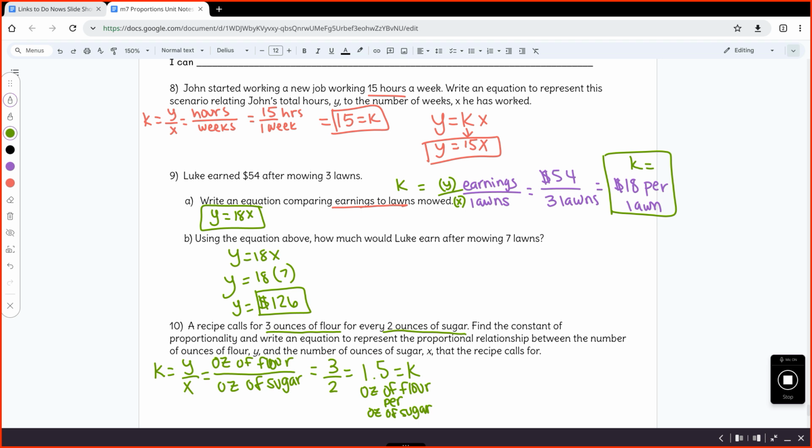All right, so this is our constant of proportionality, 1.5 ounces of flour per ounce of sugar. And then our equation, which would be written in y equals kx format, would be y equals, replace the k with 1.5x. And you don't actually need the parentheses, y equals 1.5x.